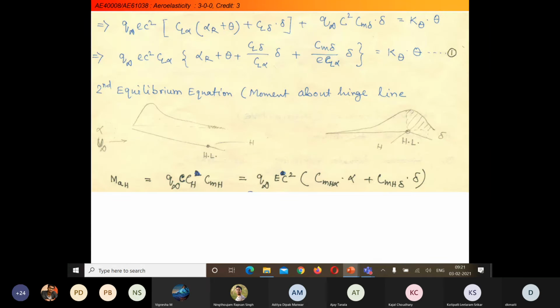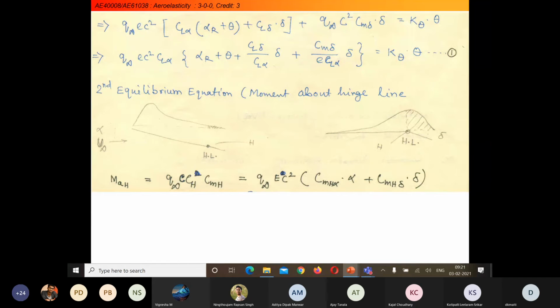If we substitute the values: Q infinity E C square, CL alpha into (alpha plus theta), plus CL delta into delta, plus Q infinity C square CM delta into delta, that should be equal to K theta into theta.